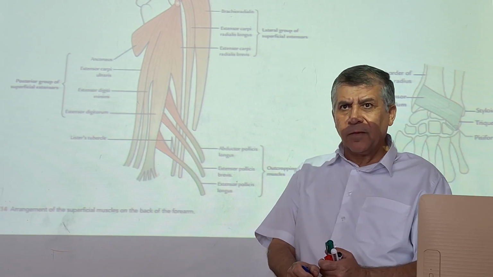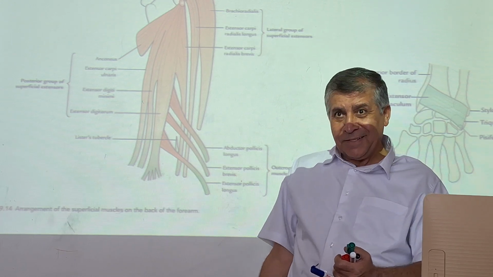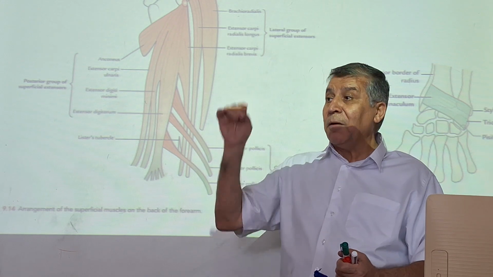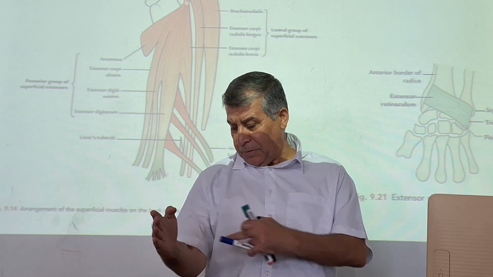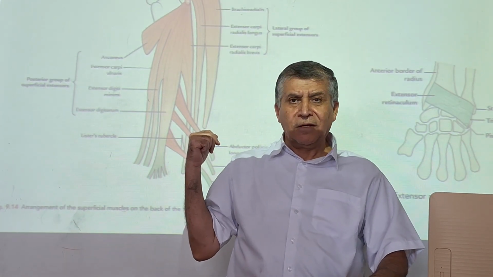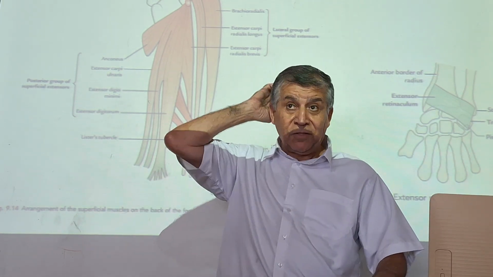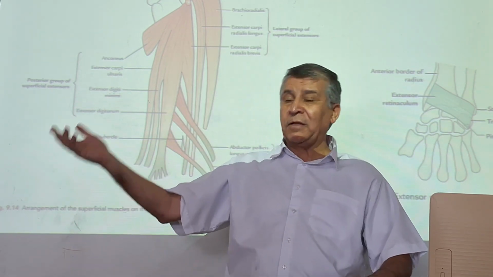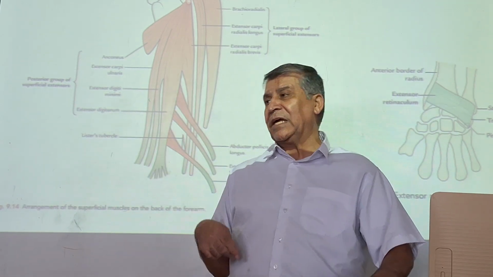It is a part of the posterior compartment, but its function is flexion, in the mid position. Which nerve supplies the muscle? The radial nerve. Brachioradialis is very important because it is part of the posterior compartment and is innervated by the radial nerve, but its function is flexion.